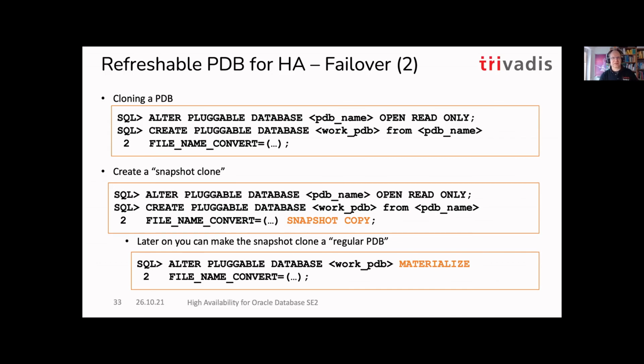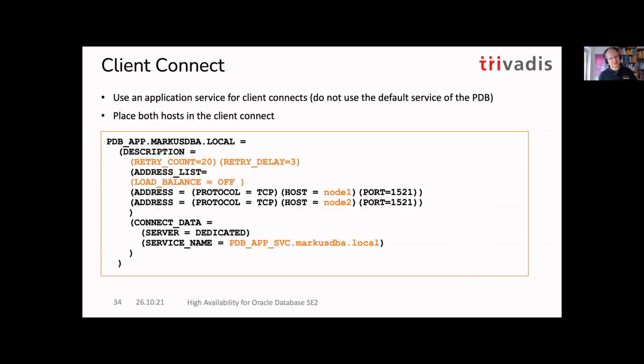For client connect, you have to put both nodes in the address list. You have to disable load balance because load balancing doesn't make sense. There's only one database available, sorry, one PDB is available for writing.